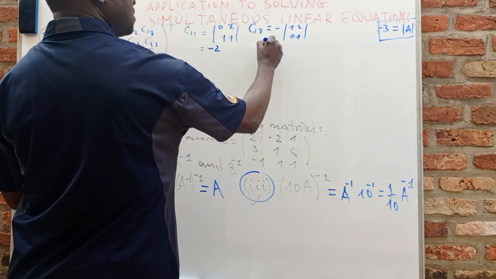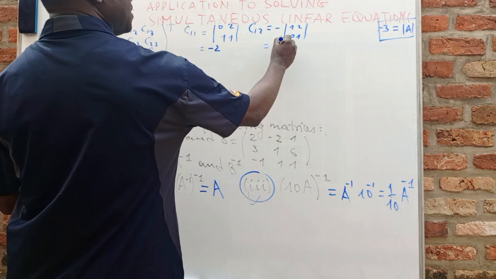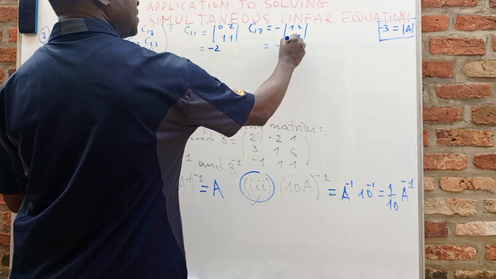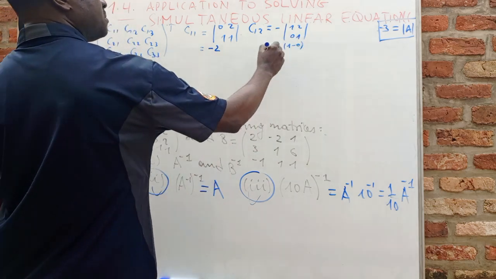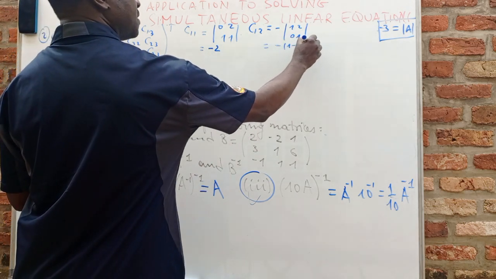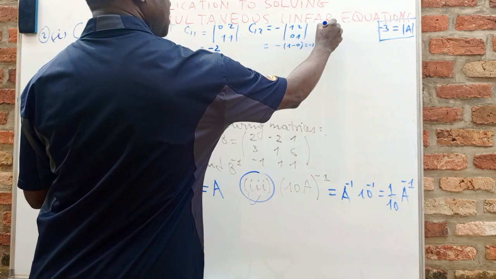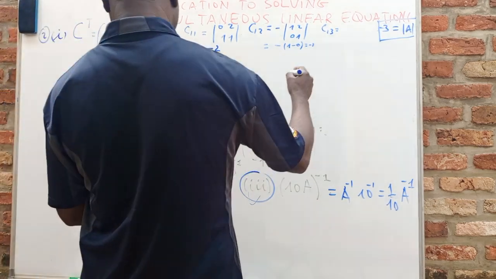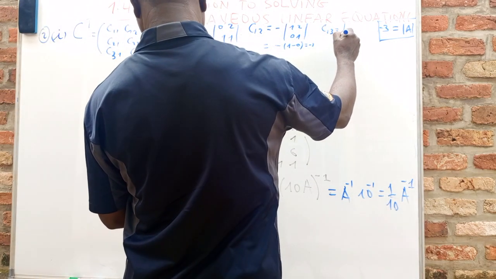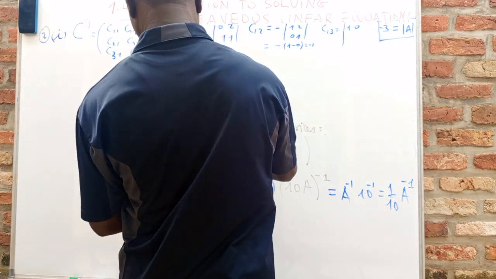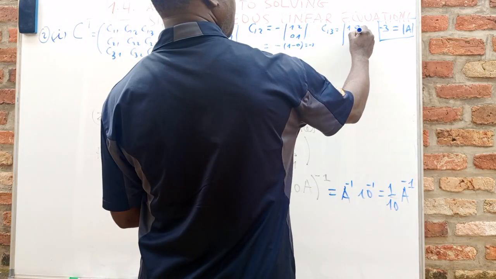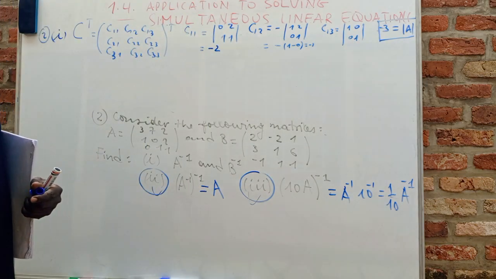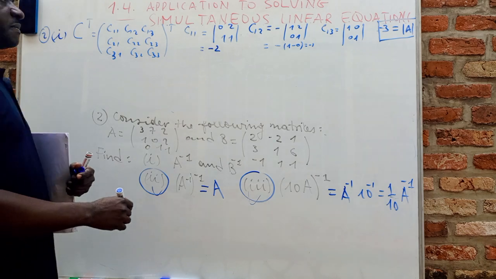So this is going to be negative 1. So C13 is going to be positive 1 times the determinant of 1, 0, 0, 1. This identity matrix determinant is 1.